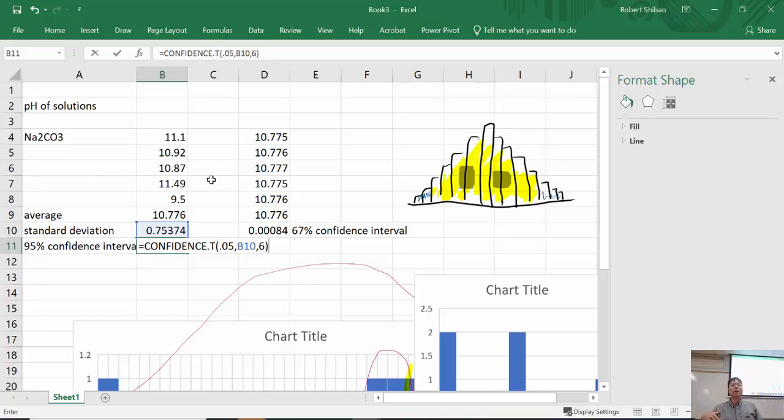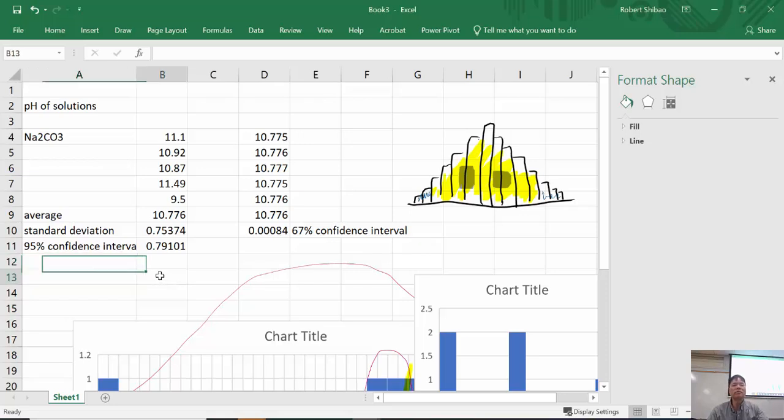The other thing is, the bigger the population, the narrower the confidence interval. The smaller the population, the wider the confidence interval. And so I'll type this in, and I get 0.79. So to capture 95% of the data, I need to widen it out a little bit to 0.79.